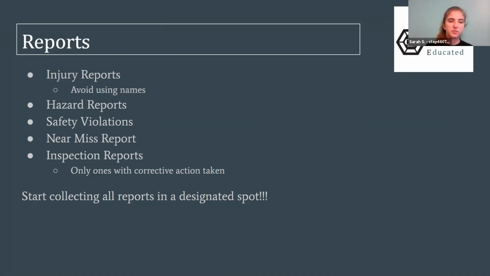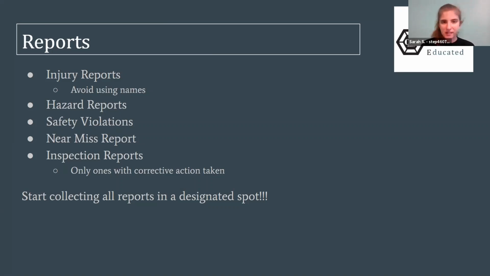Near misses can be important because most of the reports we do get are pretty serious. Like they almost cut off some important part of their body, or they almost got hit in the head or something like that. So you want to make sure that you're promoting all of these types of reports so that way you can get the correct data from them.